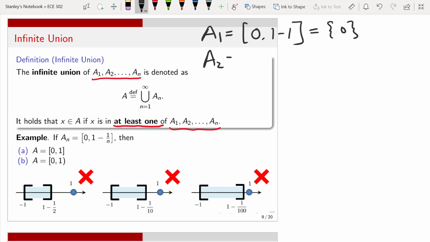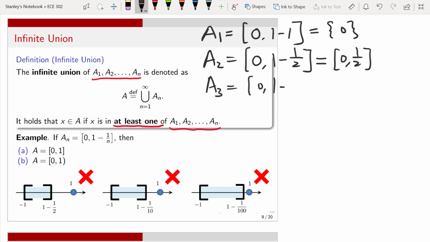Now A2 is a set that is from 0 to 1 minus 1 half, so this is 0 and 1 half. Then A3 is 0 and 1 minus 1/3, so you have 0 and 2/3, and so on.